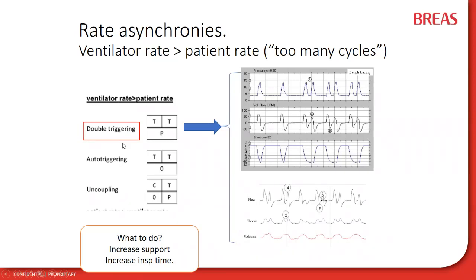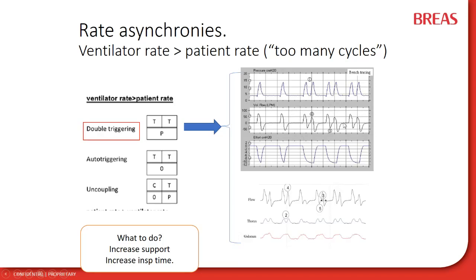Double triggering is an asynchrony in which one single effort of the patient corresponds to 2 different cycles, both in the flow waveform and in the pressure waveform. Double triggering has special features, as we described in the paper.